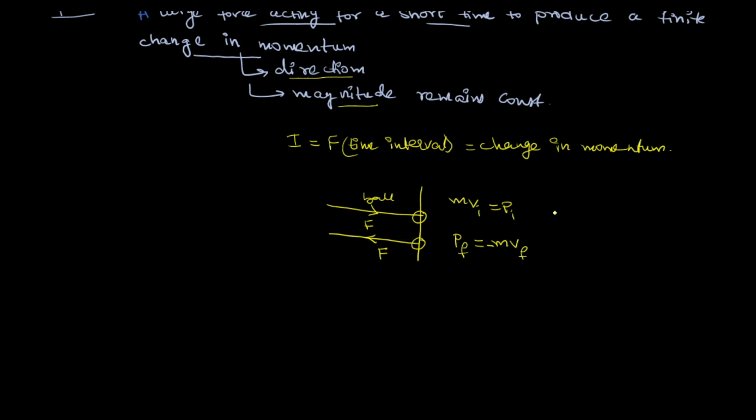Therefore the magnitude is the same but the direction is different, so the initial momentum is equal to minus of the final momentum, therefore pi plus pf is equal to 0. Here the momentum remains the same.